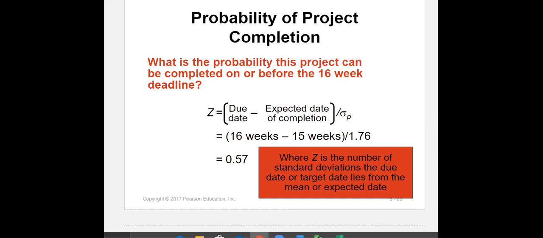Any concern? Any comments? So did you get the 19? Use that formula. So you know how I got this formula, right? The formula came from multiplying both sides by sigma and adding expected to both sides.